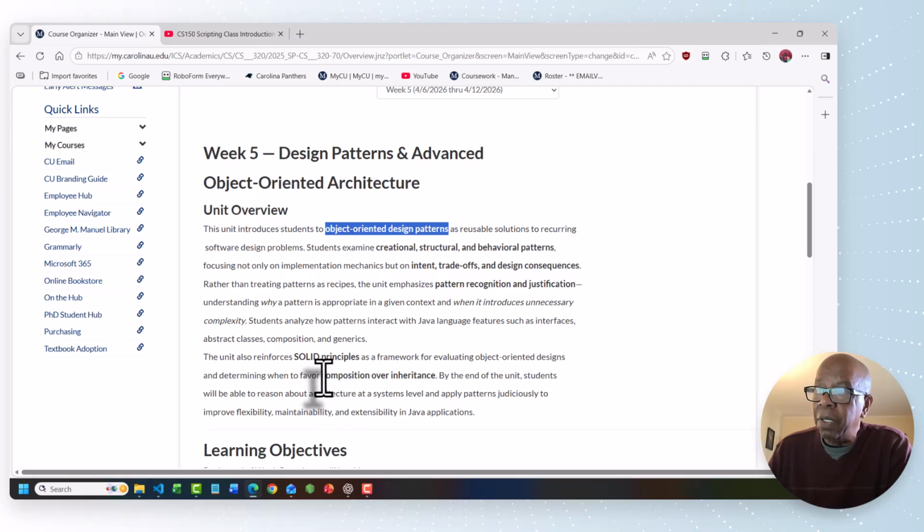We're going to talk about what is composition and why would we want to use that instead of inheriting. By the end of the unit, you'll be able to reason about the architecture of a system at a system level and apply patterns judiciously. So basically looking at what the system needs to do. How is that going to drive how I put the system together?